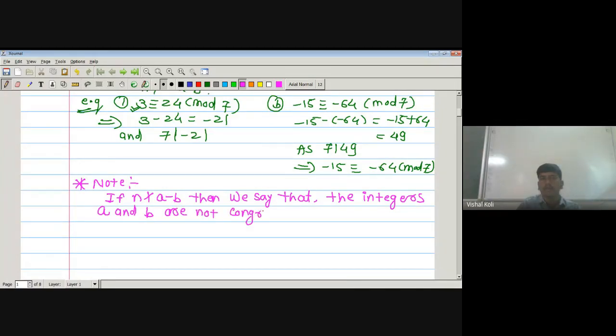As the definition of congruent itself says, any two integers a and b are congruent modulo n if n divides the difference of these two integers, a minus b. As here it is given that n does not divide a minus b, we say that these two integers a and b are not congruent.